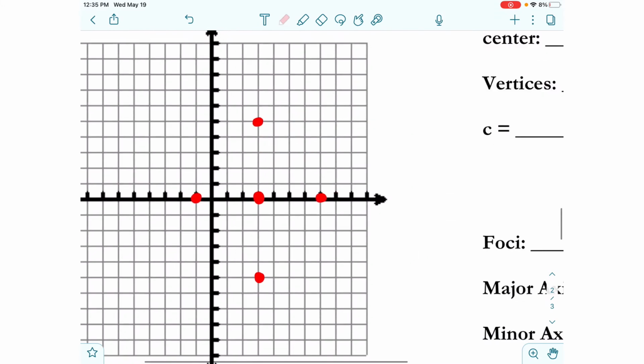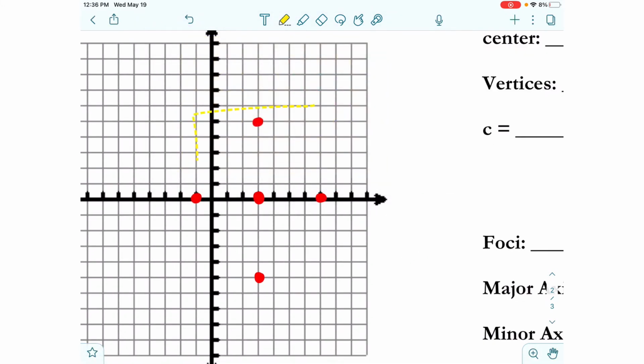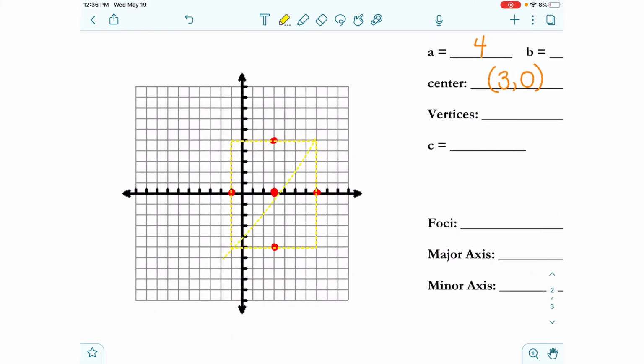I'm going to draw the box. Oh, it kind of was off there, so let's fix it. There it is. Draw the diagonals of the box with some extra length.